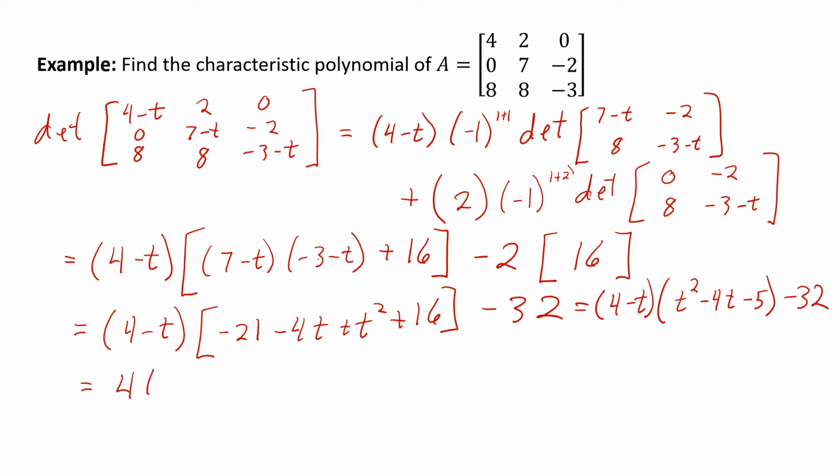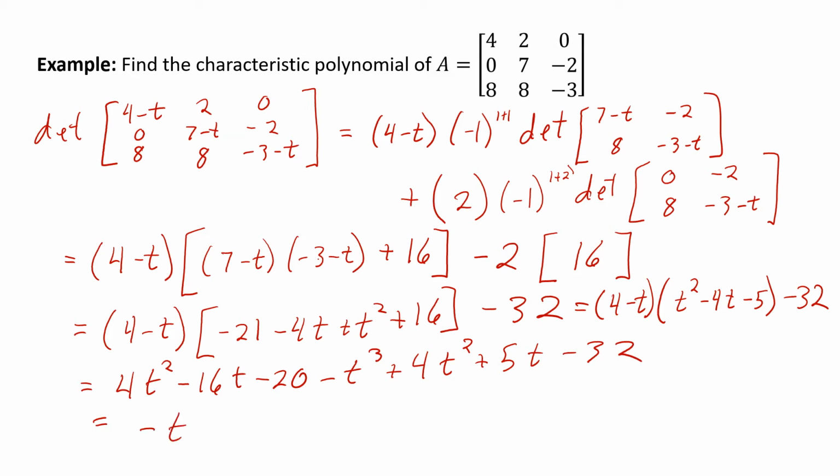We get 4t squared minus 16t minus 20 minus t cubed plus 4t squared plus 5t minus 32. Let's combine some terms here. We get minus t cubed.